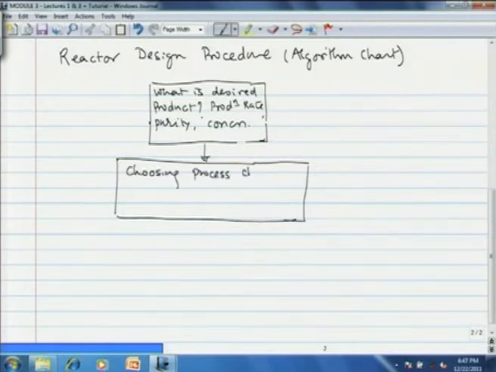Choosing process chemistry. For that purpose, we may have to do some patent and literature search, so as to find out what are the processes that are available to produce this particular product.